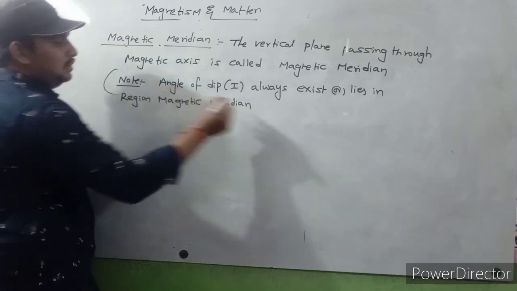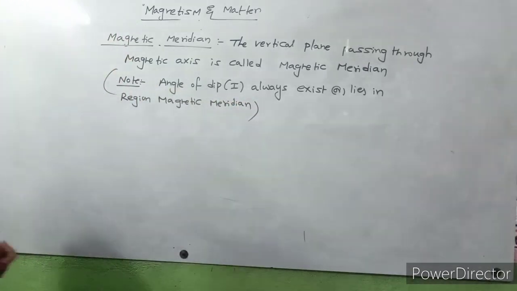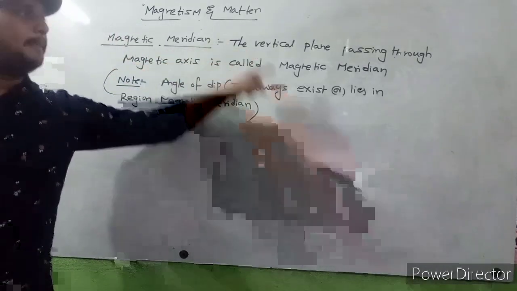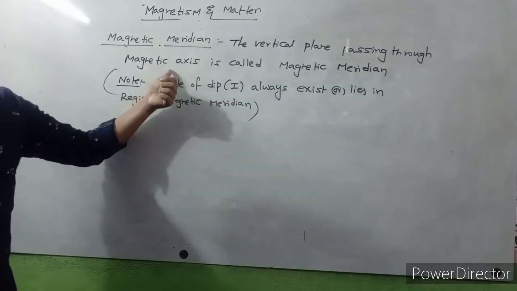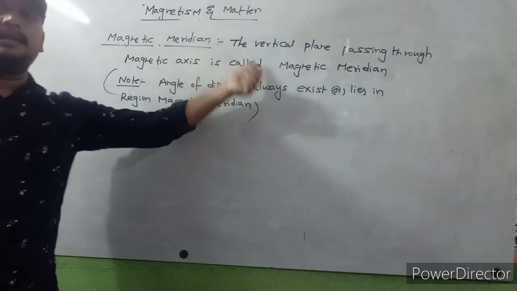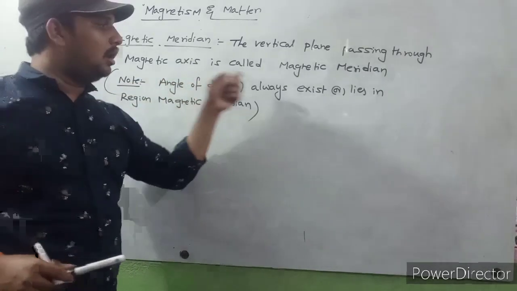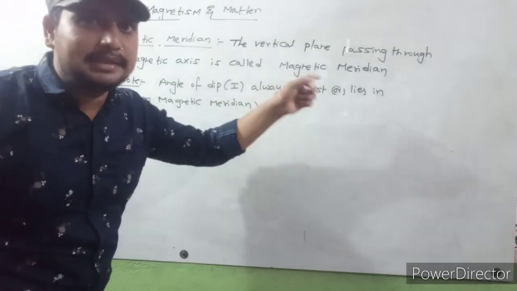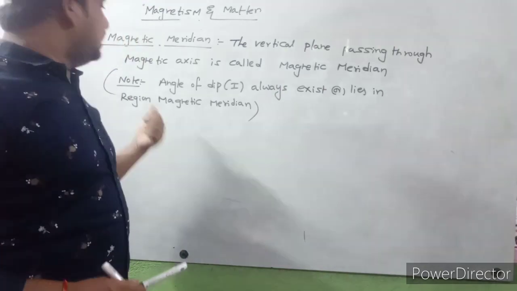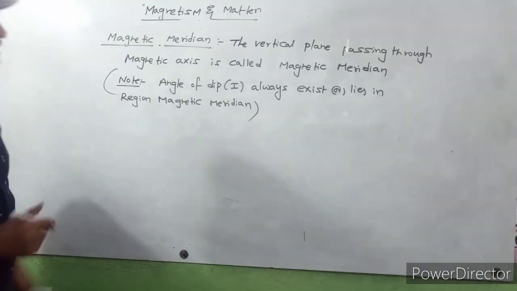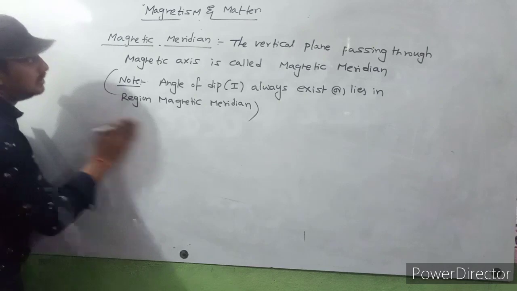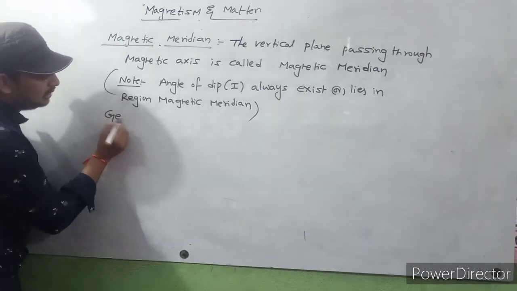What is meant by magnetic meridian? The vertical plane passing through the magnetic axis is called the magnetic meridian. Note, angle of dip always lies in the region of the magnetic meridian. Next, this is called magnetic meridian.